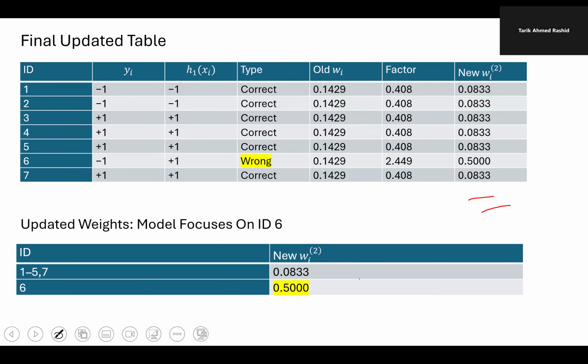So the weights were found. That's the error that we had, and you see the weight here is about 0.5. It's big, which means that we need to focus on sample 6 in the data set, and the rest have no errors.